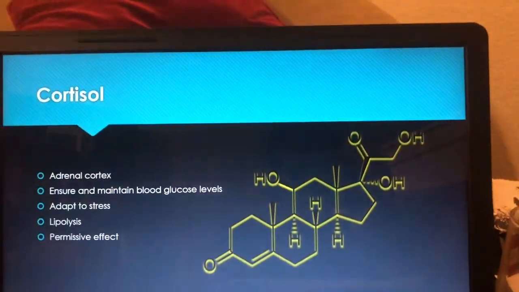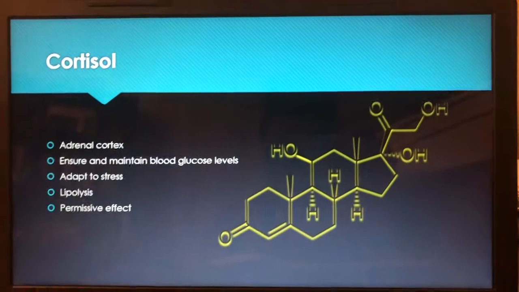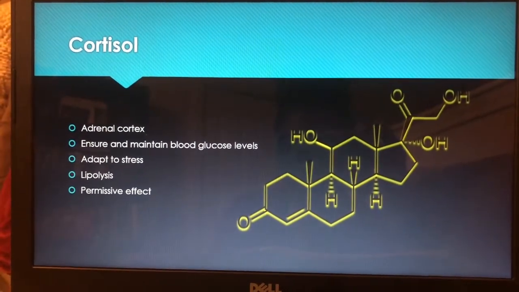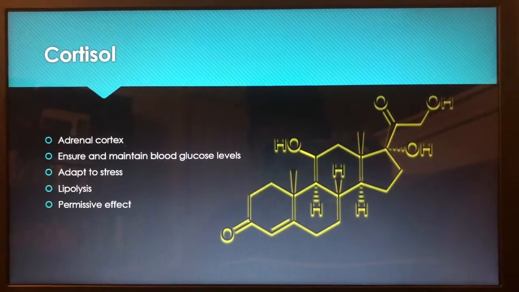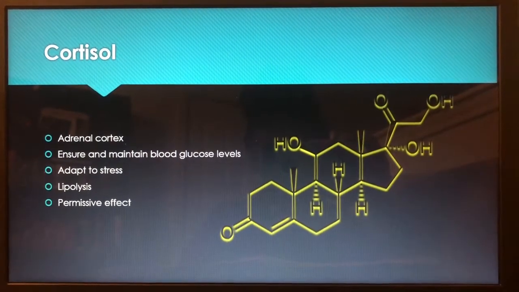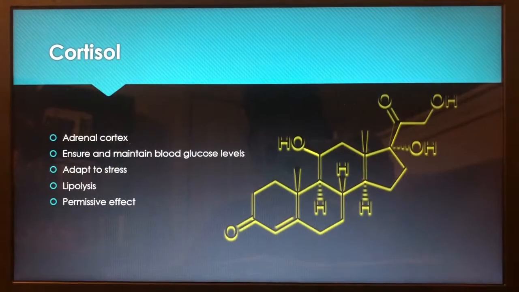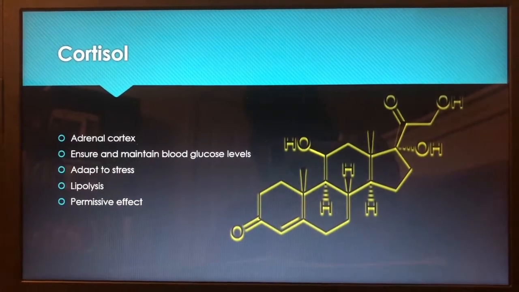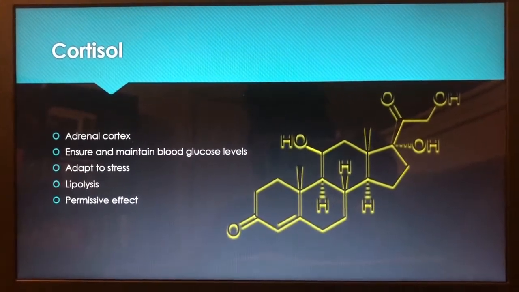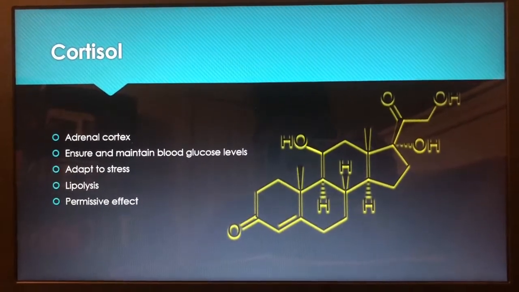Next is cortisol, and like I said, cortisol is a glucocorticoid, and it is also produced and released in the adrenal cortex, in the zona fasciculata. It is the most abundant and potent glucocorticoid.